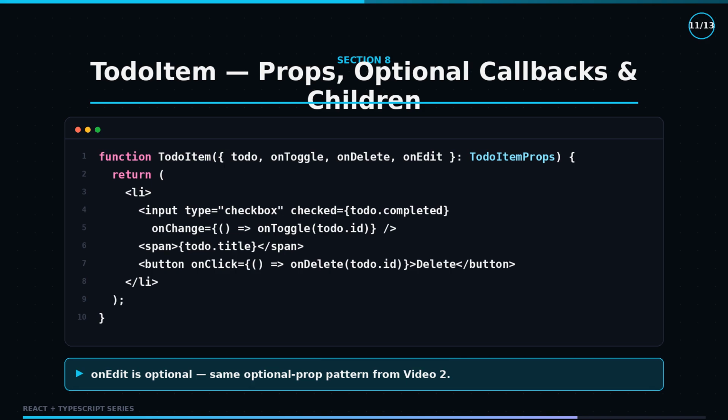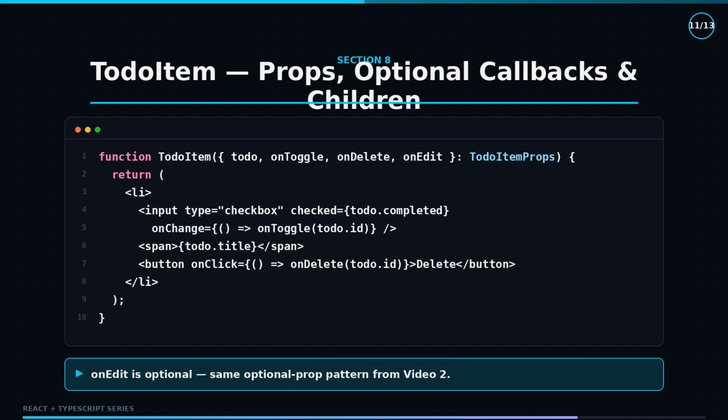8. TodoItem. Props, optional callbacks, and children. Interface TodoItemProps: todo, onToggle id string, void; onDelete id string, void; onEdit id and title string, void, optional. TodoItem takes todo, onToggle, onDelete, onEdit, TodoItemProps. Return li, input type checkbox, checked todo.completed, onChange calls onToggle todo.id.